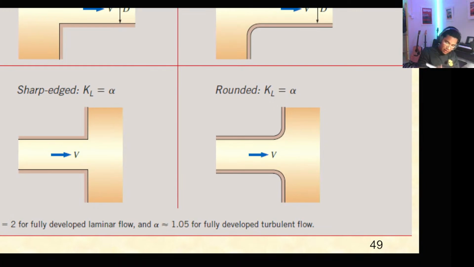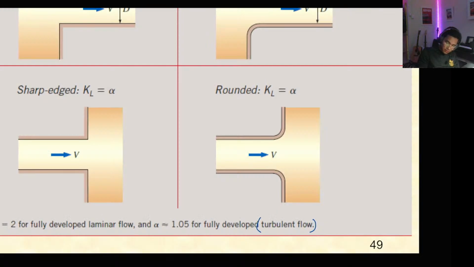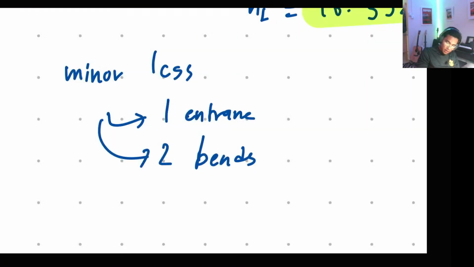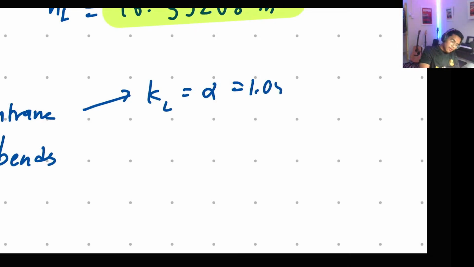See, it's turbulent, we're on the right track. So from here we know that for the entrance K_L equals alpha, which is 1.05.